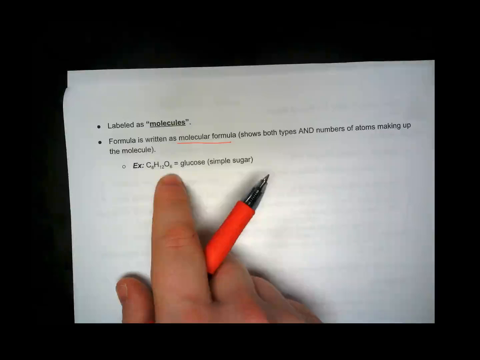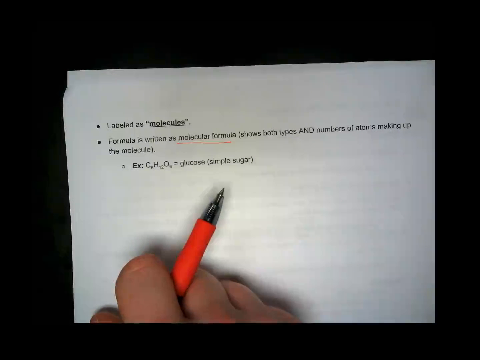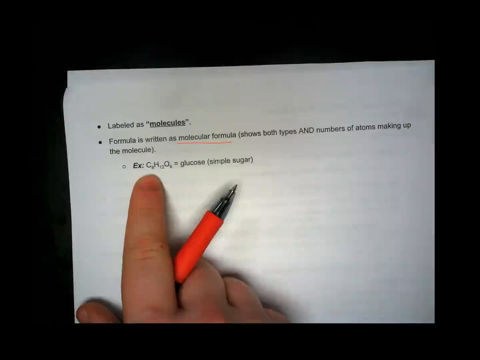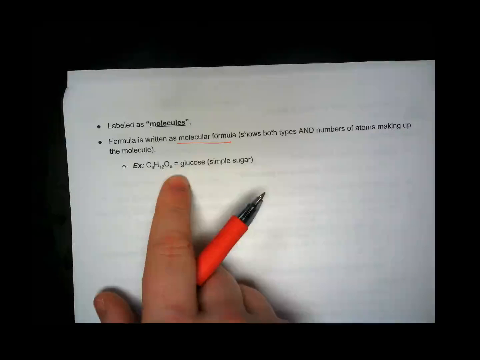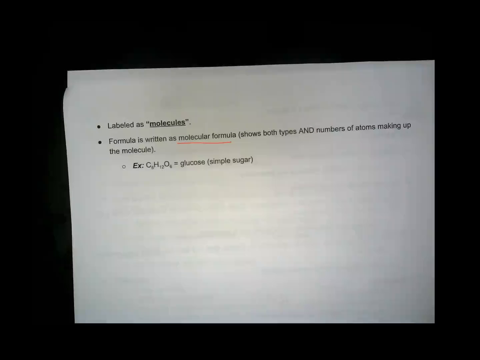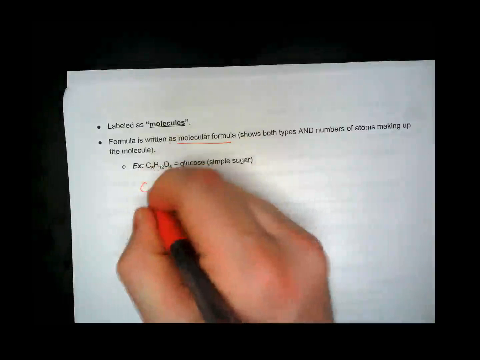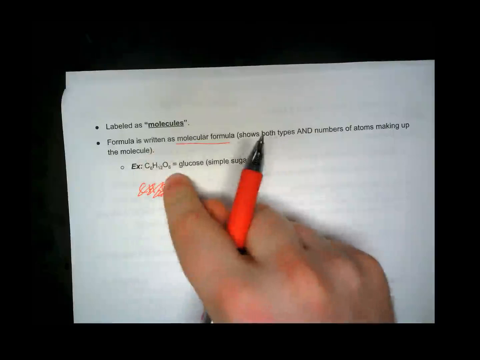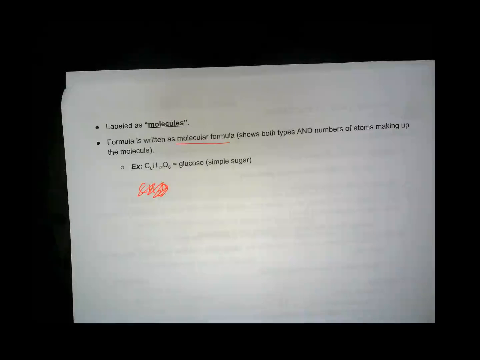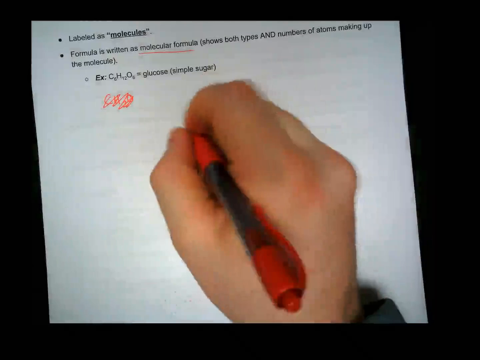If you were to see the big old molecule just floating around, you would see 6 carbon, 12 hydrogen, and 6 oxygen. Because if we were to write this in an empirical way, it would be CH2O. Okay, and we don't want to do that because we want to accurately represent the number of atoms found in this molecule.